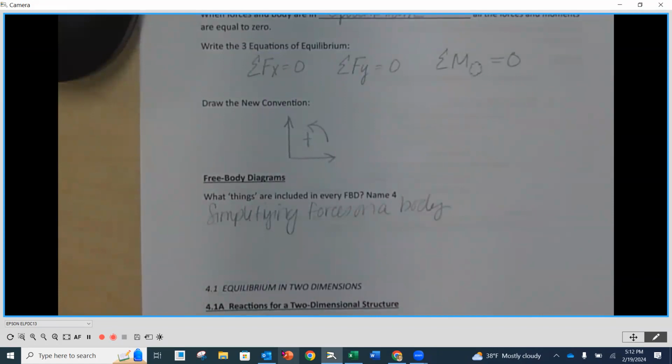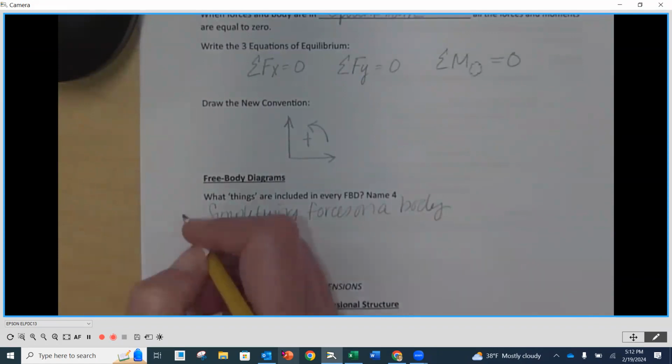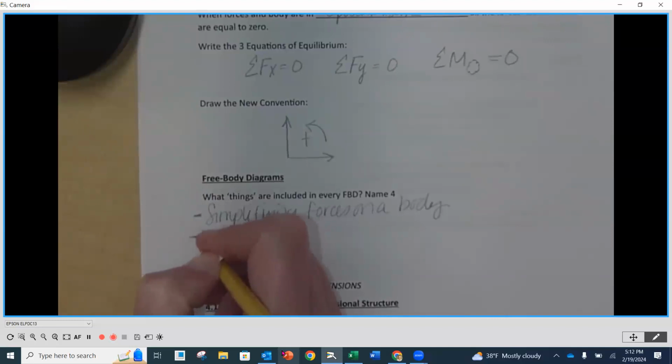So a lot of times we might have thickness to something like a beam or a rod, but we don't show the thickness. We just represent it with a straight line. Like it's just that, right? And then we'll add some distances and points and stuff. Yeah. So we simplify it. It might not even look very much like the body at all, but it's a simplified version so that we can then calculate the things that we need to. Good. What else do we know about free body diagrams or what's included in them?